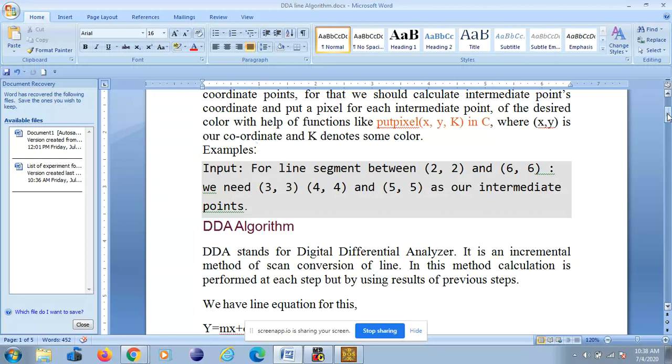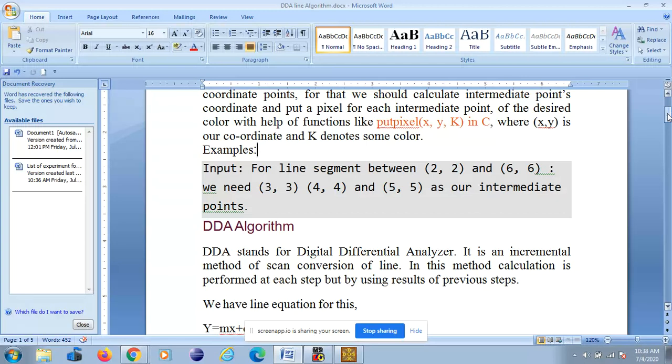Why do we say incremental method? Because at each step, whenever it increments, at each interval it will calculate the intermediate point. So it is known as the incremental method of scan conversion.